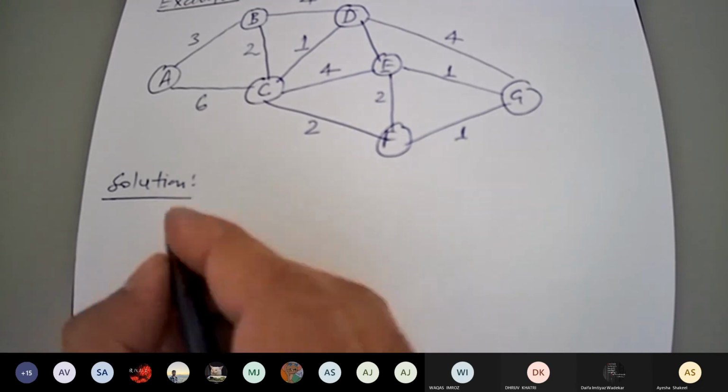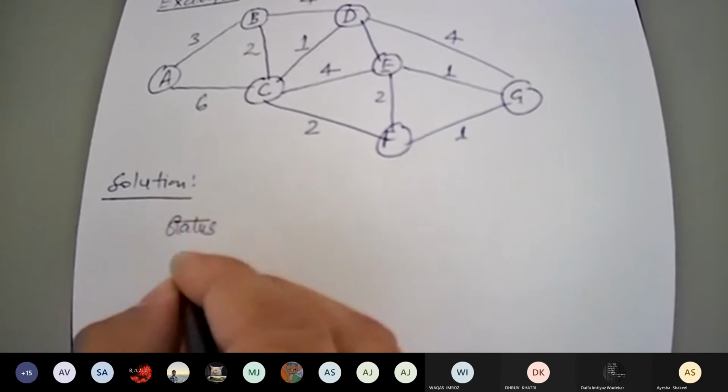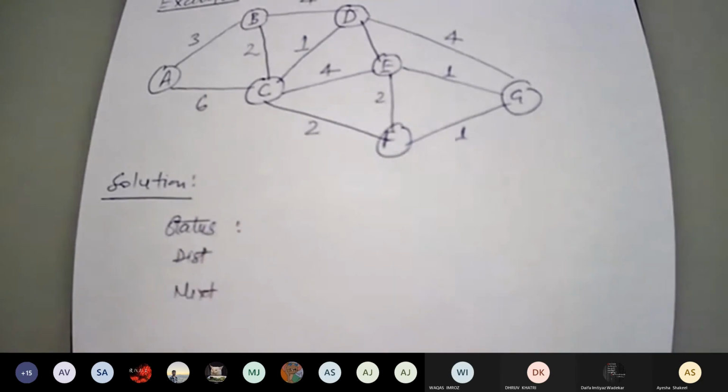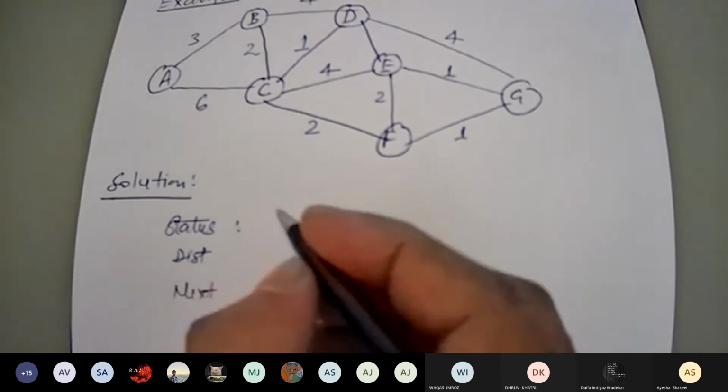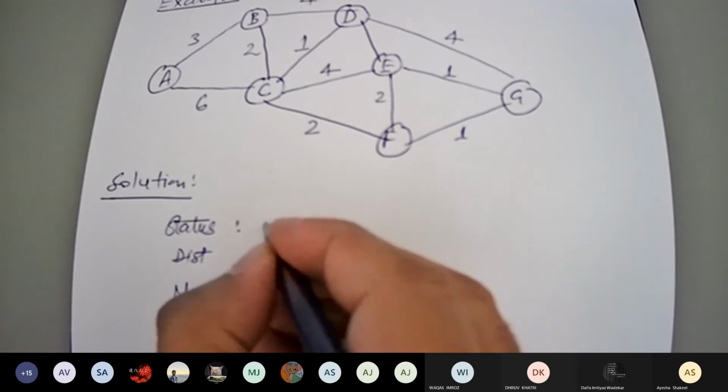Okay. So first one is status, distance, and next. In status we will be using 0 and 1.